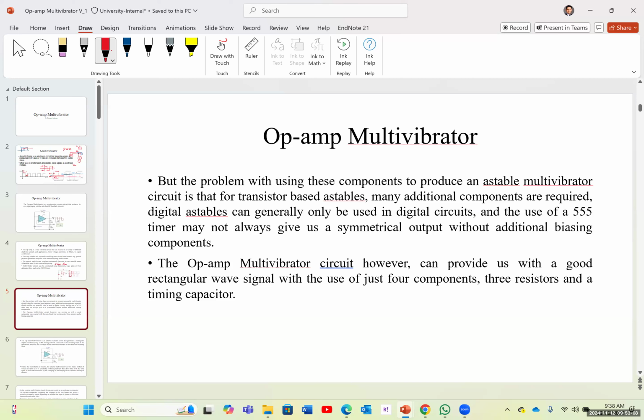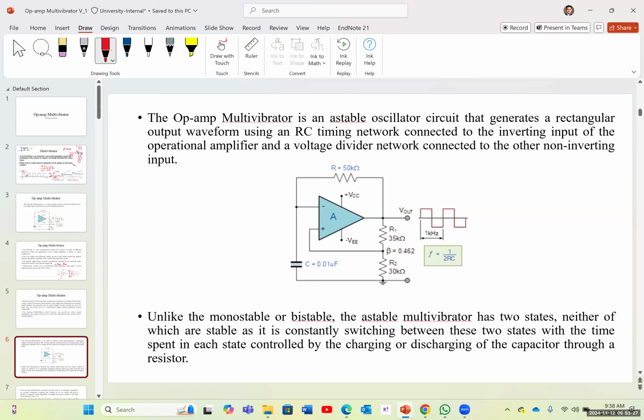But the op-amp multivibrator can provide us with a good rectangular wave signal with the use of just 4 components, 3 resistors and a timing capacitor. So it's the simplest, most accurate type of multivibrator that we can build.